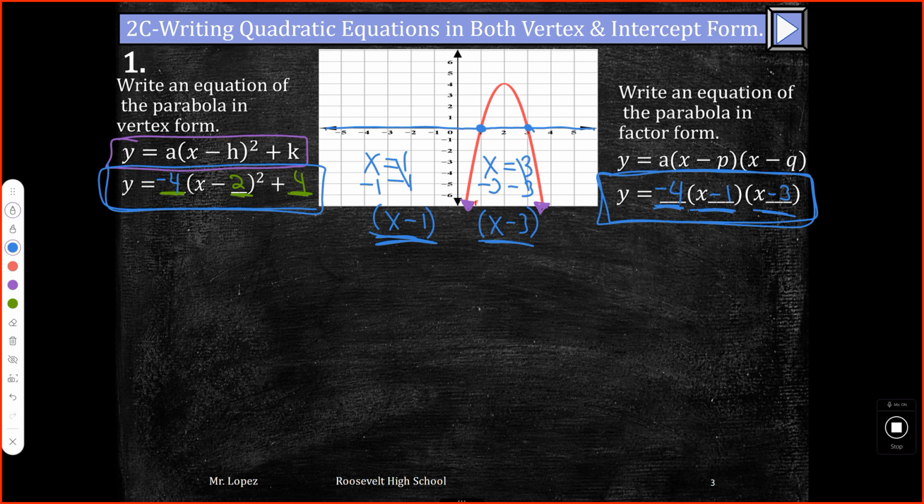Okay, let's do this vertex one first. So we got y equals -4 times (x minus 2) squared plus 4. We have x minus 2 multiplied by itself twice. So what I'm going to do is write down x minus 2 times x minus 2, and I'm just going to bring down the +4.